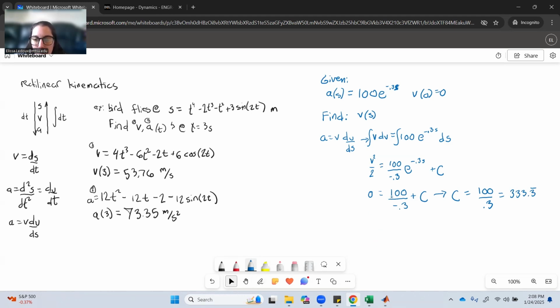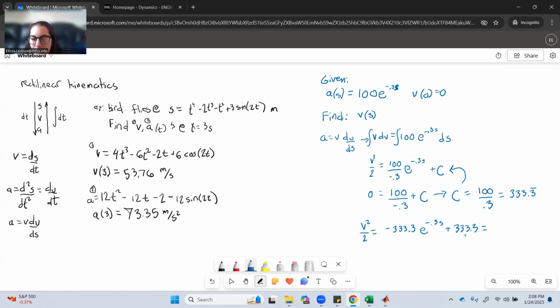So then resolving, we will plug all of this back in here, and we have v squared over 2 equals negative 333.3 e to the negative 0.3 s, and then plus the constant, plus 333.3.